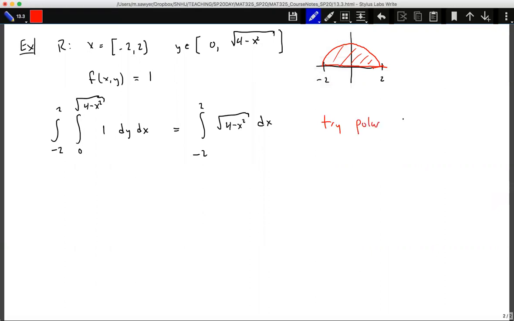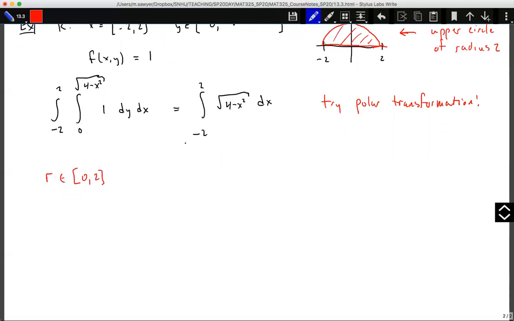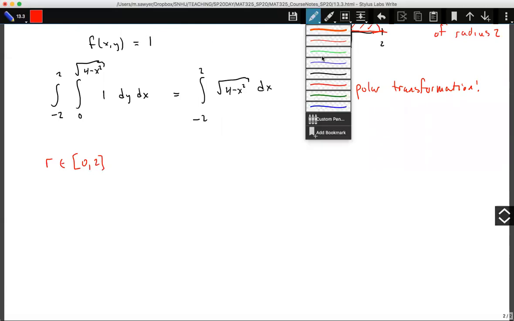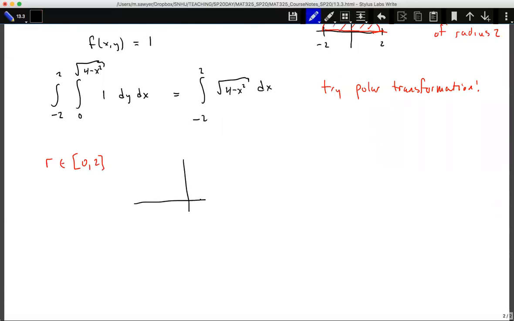So we know that this is a circle of radius 2. This is the upper half of a circle of radius 2. So if we know things about a circle of radius 2, our radius has to go from 0 to 2. If we think about, let's draw this diagram again. We have this circle from radius 0 to 2.